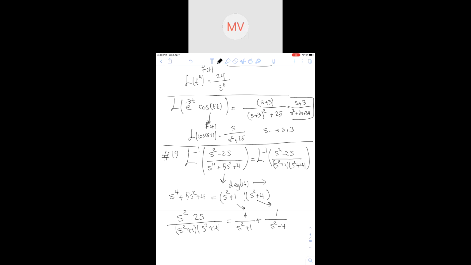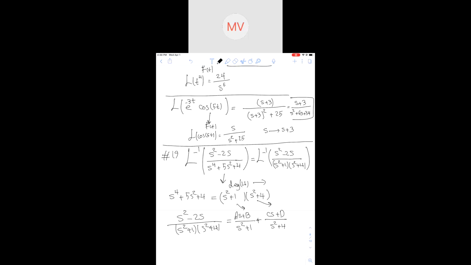What kind of functions do I write here and here? Do I do a constant or a linear? Linear. Why? Because the denominator is an irreducible second degree. So it's going to be as plus b and then cs plus d.